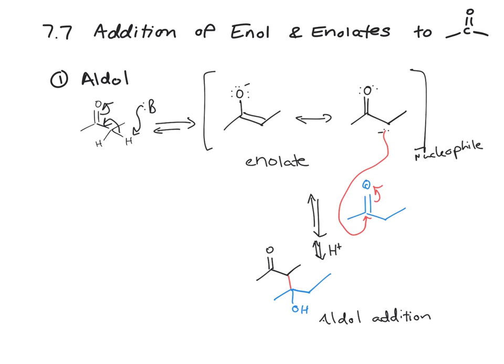And so an aldol addition is either an acid or a base catalyzed dimerization, two of the same unit coming together and bonding to each other, dimerization of ketones or aldehydes.